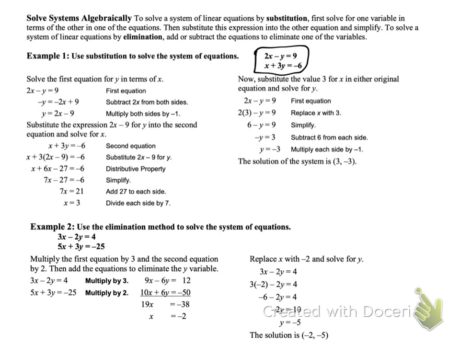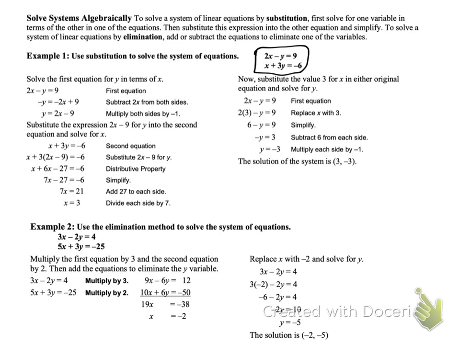The only variable in that equation is an x. I'll distribute the 3. X plus 6x minus 27 equals negative 6. Add that together, that'll give me 7x equals 21. I'll divide by 7, x equals 3.